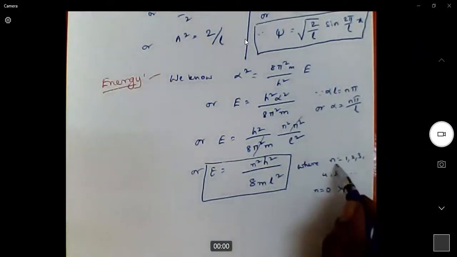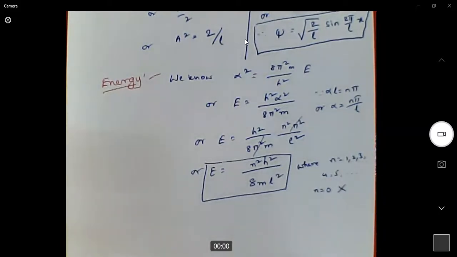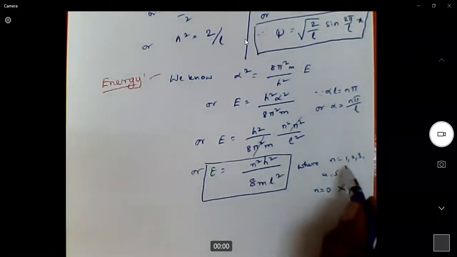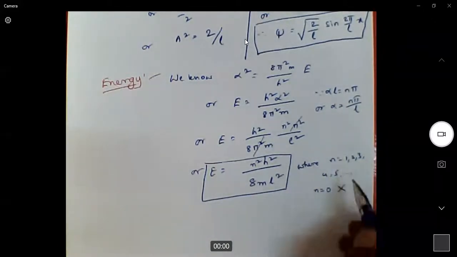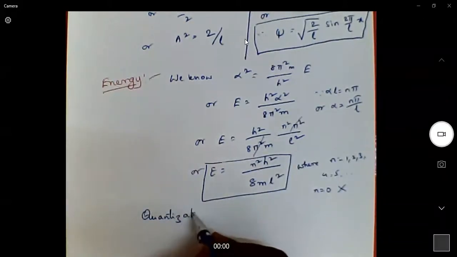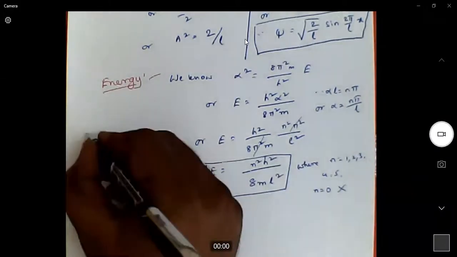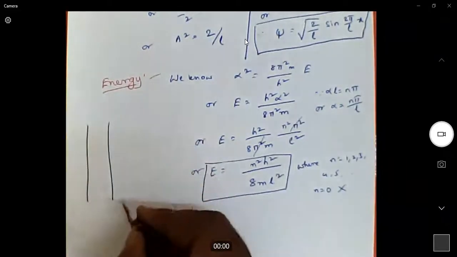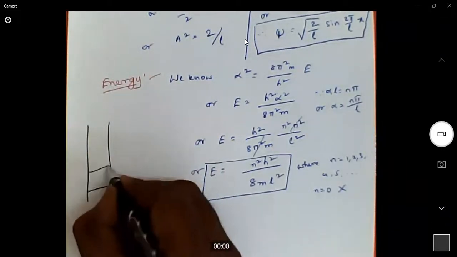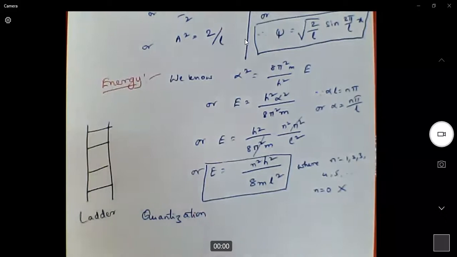So what are the possible values of n? N is equal to 1, 2, 3, and so on, right? So that means there are only some values possible for n, not all values. That is what is called quantization. What is quantization? When we want to discuss quantization, we can take a simple example. Consider a ladder. There are some steps in a ladder, right?